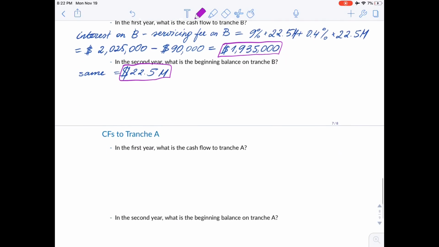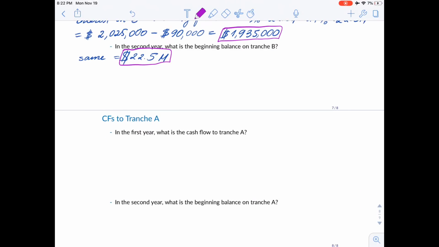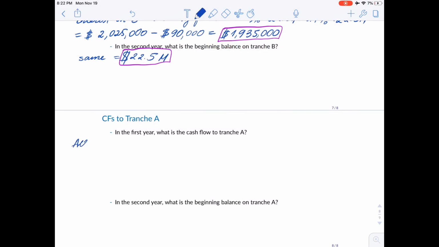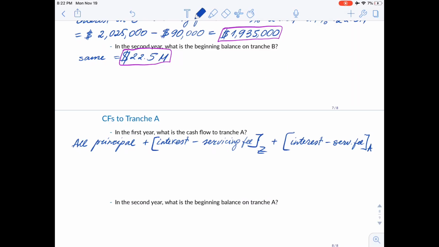Moving on to tranche A. In the first year, what is the cash flow to tranche A? So that, as we know, is all of the principal, plus interest minus servicing fee on tranche Z, plus interest minus servicing fee on its own tranche, right?